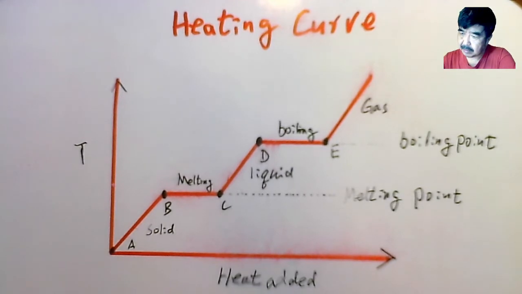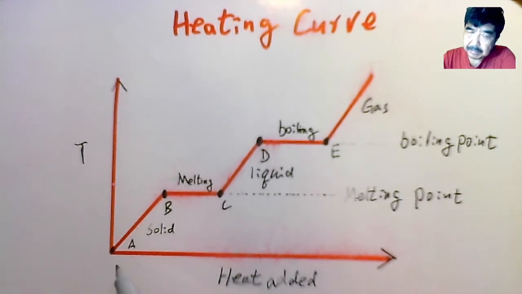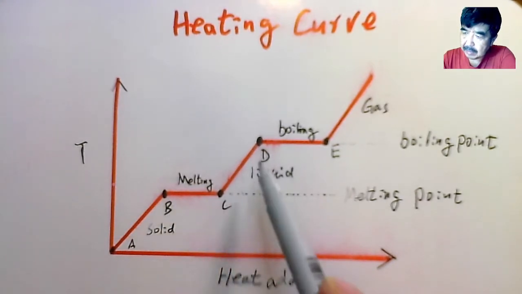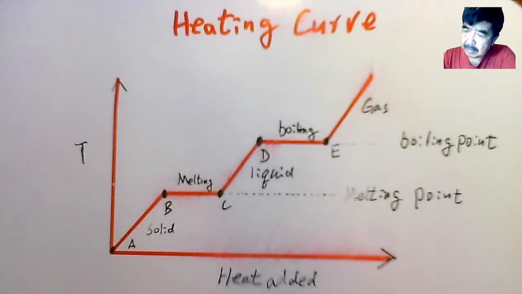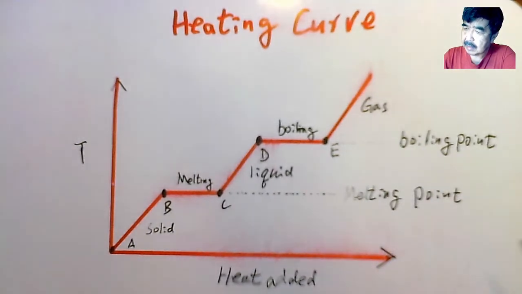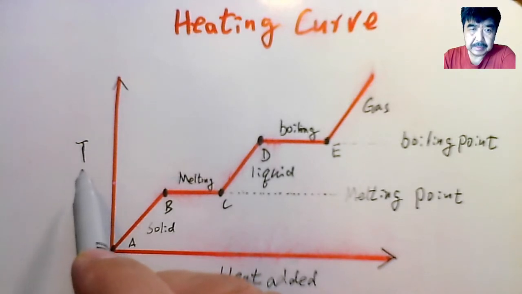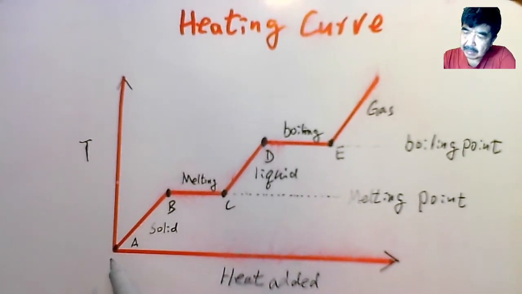You can see some points here: A, B, C, D, E. You can see the plateaus and the increasing lines. On the x-axis is the heat added to the system, and the y-axis is the temperature.